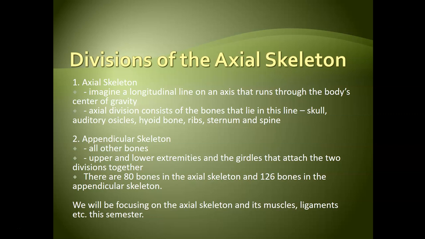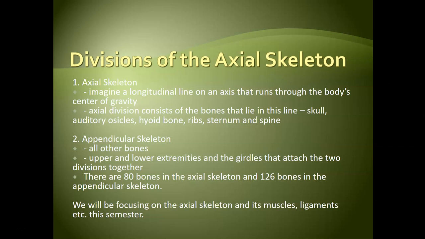Whereas next semester, in semester 2, Clinical Anatomy 2, you will be taking all the structures of the appendicular skeleton, which is all the other bones that are not part of the axial. This is the upper and lower extremities, the arms and the legs, and the girdles that attach the two divisions together to the axial skeleton. There are 80 bones in the axial skeleton and 126 bones in the appendicular.